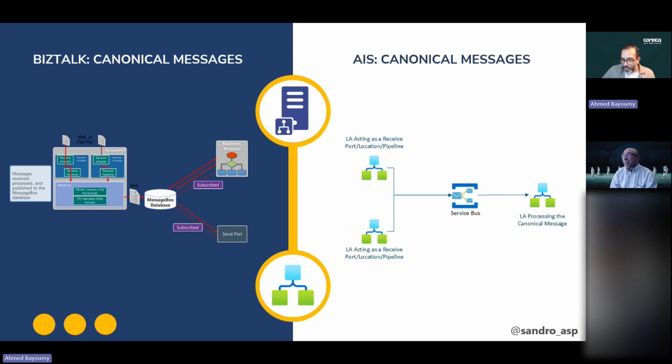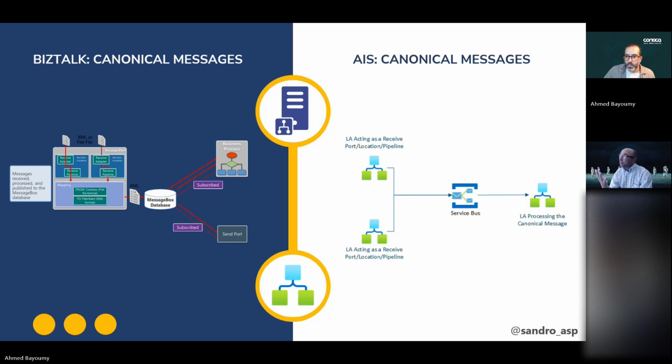And again, canonical. This is something quite simple also. Again, in BizTalk, we have the receive location and the map inside the receive port that transforms to a canonical, and then we have an orchestration that processes all of this, okay? We don't have receive ports and receive locations, so we can put a Logic App acting as a receive port, receive location, and pipeline.